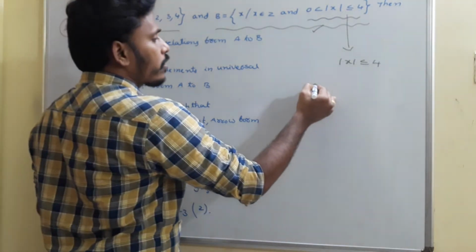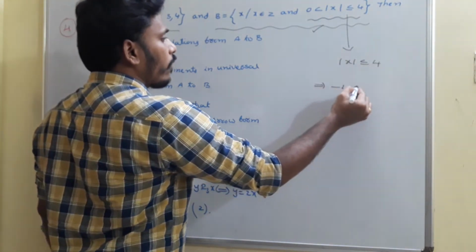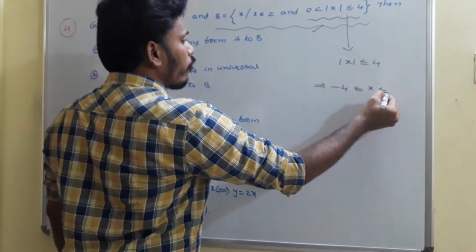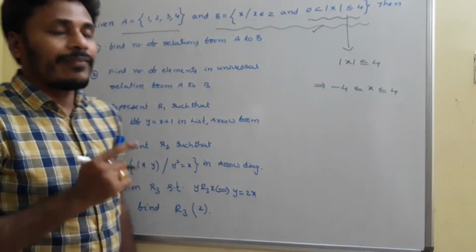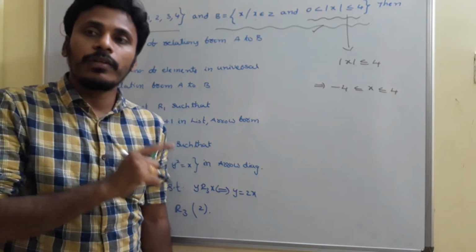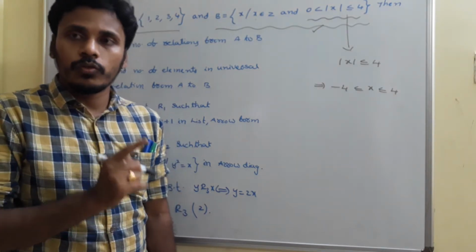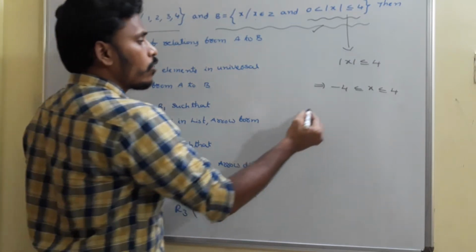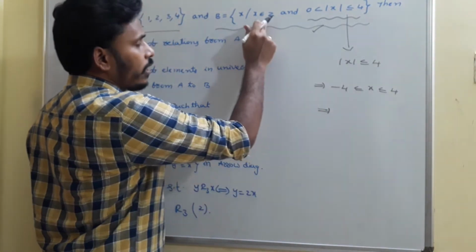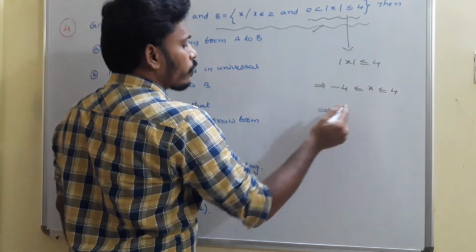So modulus of x is less than or equals to 4 whenever x is in between minus 4 and 4. If you take the values of x which are in between minus 4 and 4, for all those values its modulus is less than or equals to 4. So x is an integer and that x is in between minus 4 and 4.